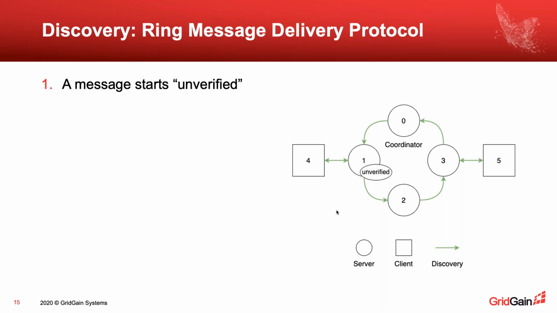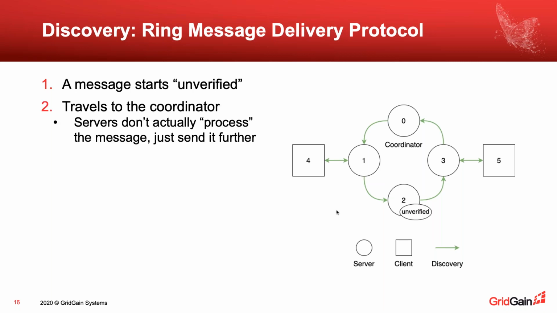The message starts at the node number 1 as unverified. Unverified means that other nodes, when receiving it, will not process it. They will just push it further down the ring, but they will not actually react on it.